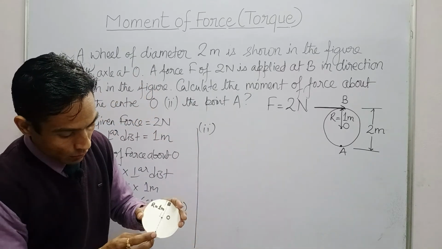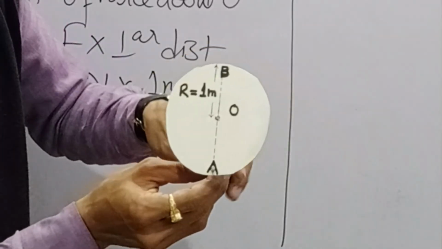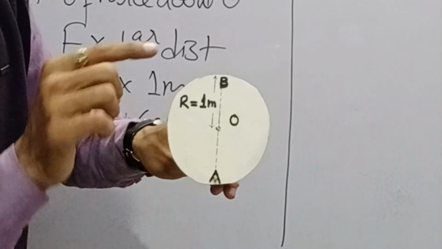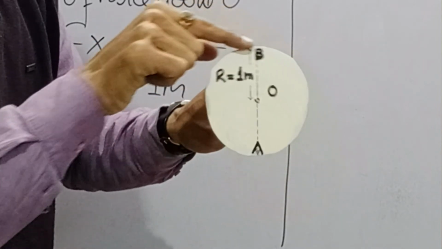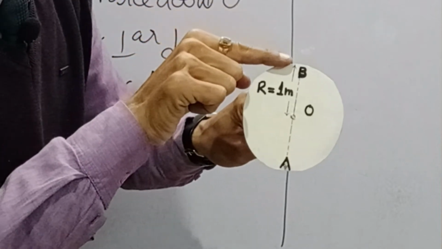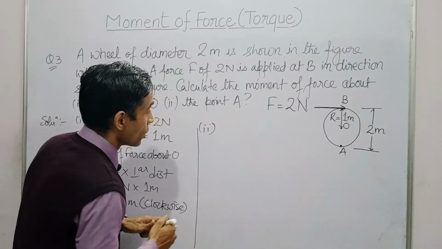Now when we have to find out the moment of force about the point A, then this will become the axis, and when we are going to apply the force at B, this will be the turning effect. So force here is 2 Newton and the perpendicular distance will be 2 meter. Let's see what will be the moment of force.